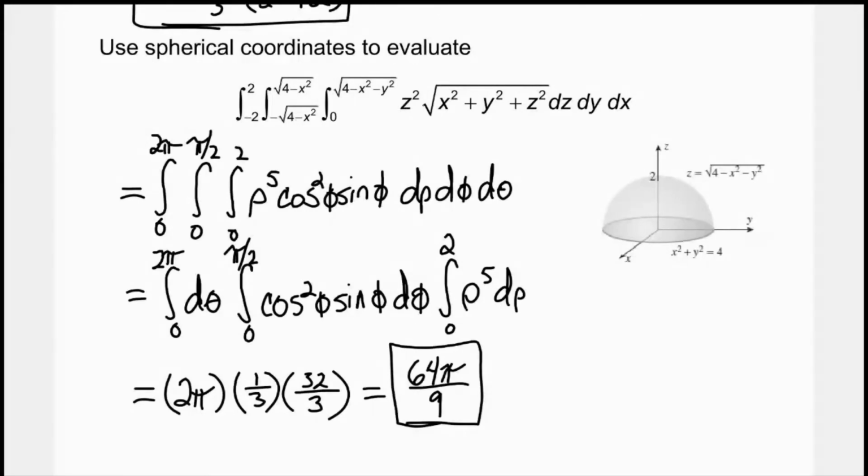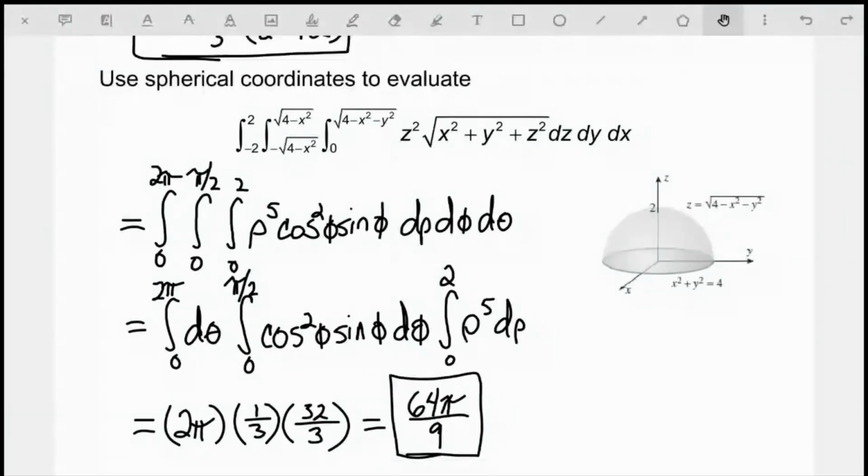And then I also had the square root of x squared plus y squared plus z squared, which would give me rho squared. Square root of that is going to give me rho. So there's a rho cubed I essentially have now. And then the last part of that, when I convert to spherical coordinates, I've always got a rho squared sine phi that's going to show up in there. So that's where all these pieces for my integrand came from, just that conversion process.